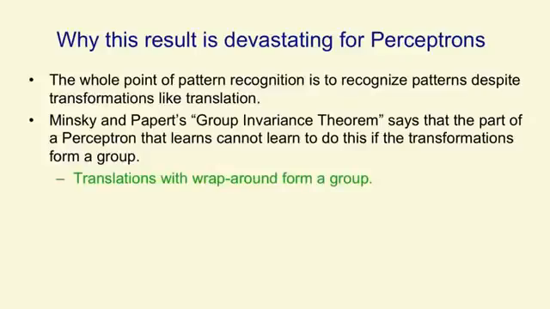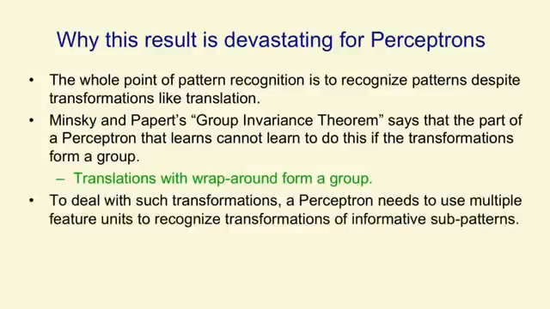So the translations with wraparound form a group, and Minsky and Papert proved a general theorem that transformations that form a group make it impossible for the learning part of a perceptron to do the recognition. The perceptron architecture can still do the recognition, but you have to organize the features so they do the difficult part.